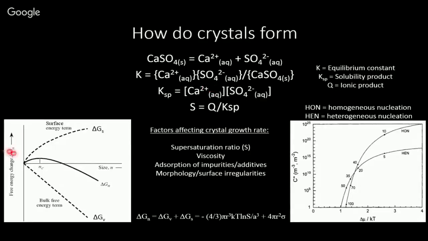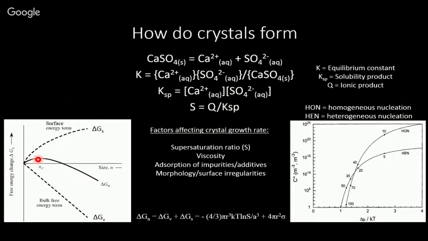So in energetic terms, this is one of the most important graphs you would see in the theory of crystal growth. It's relating the free energy of the crystalline particle forming in a solution. So you see that in total, the free energy goes up and then falls down. As it goes up, this process is not energetically favorable because it goes into the positive value.